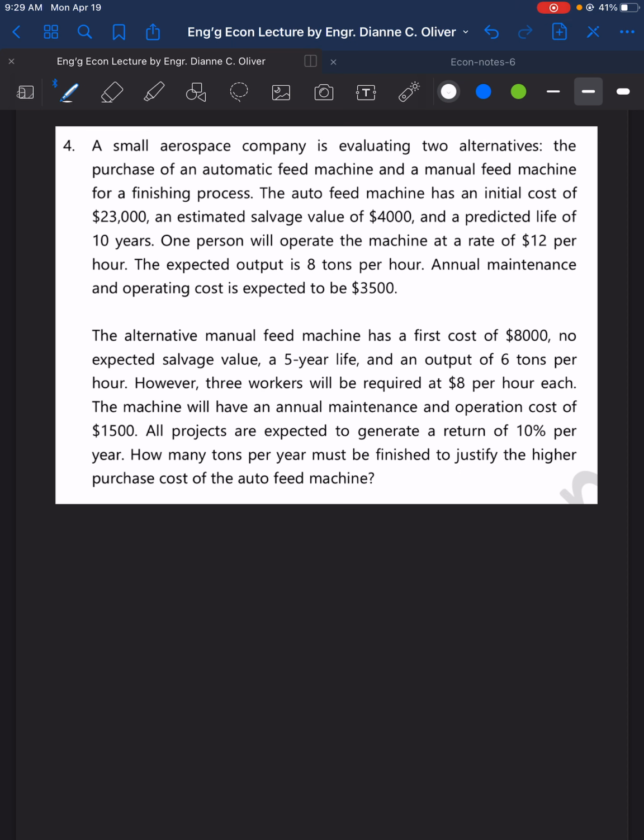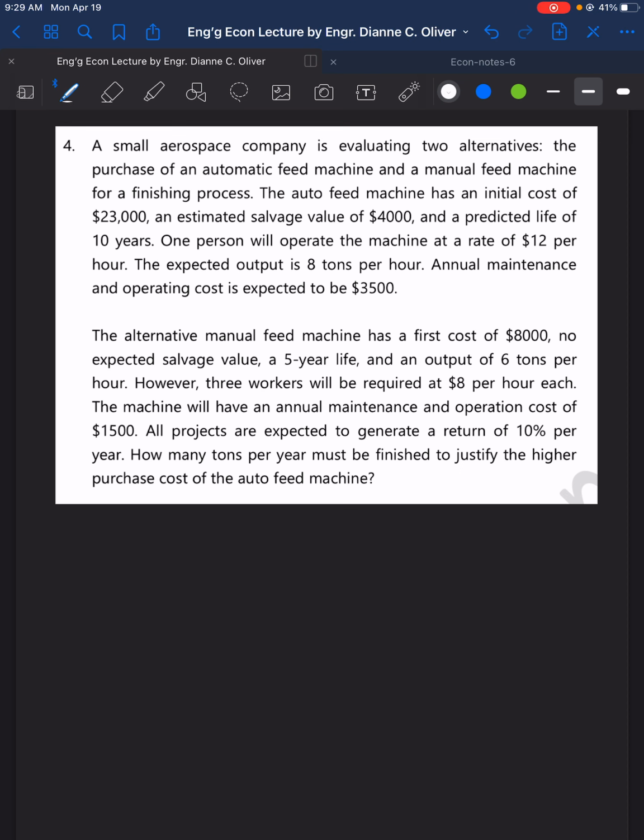The auto feed machine has an initial cost of $23,000, an estimated salvage value of $4,000, and a predicted life of 10 years. One person will operate the machine at a rate of $12 per hour. The expected output is 8 tons per hour. Annual maintenance and operating cost is expected to be $3,500.